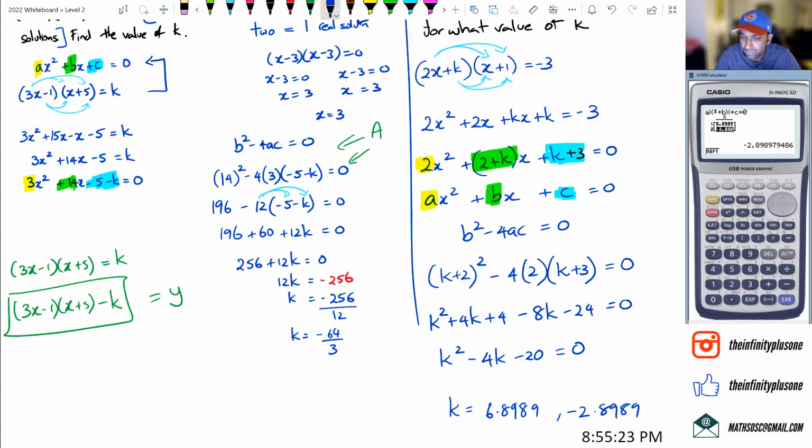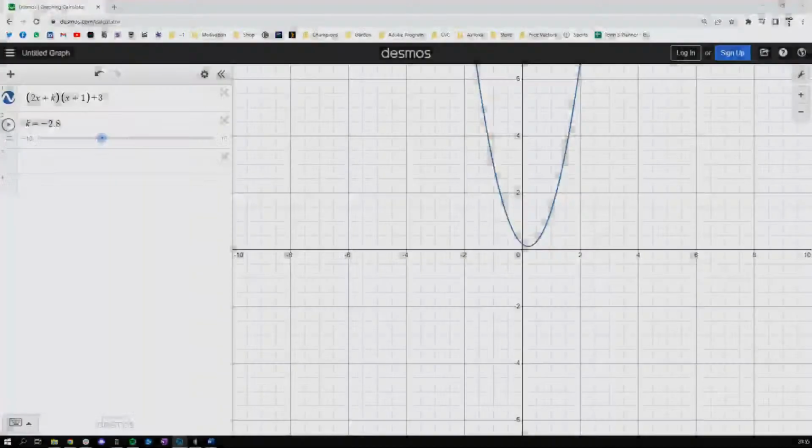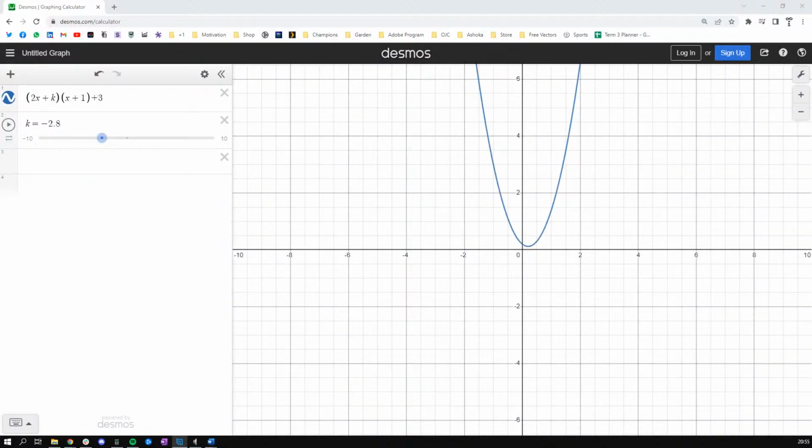So on the graph, if we go here, wrong window, we're going to go here. As you can see, what I've done is I've put in 2x plus k and x plus 1 plus 3. That was what our original equation was.